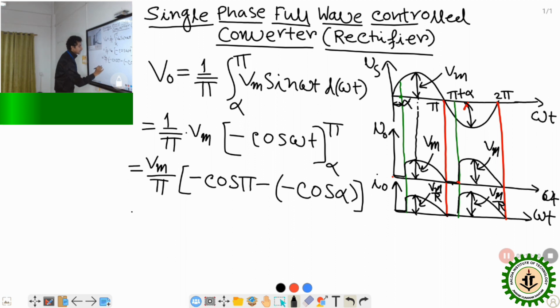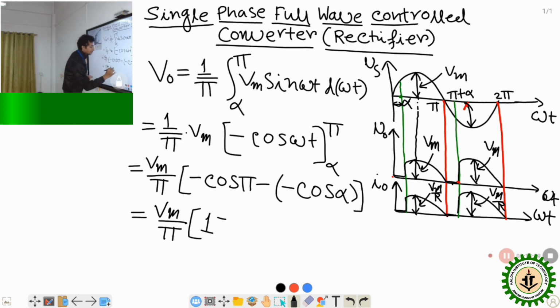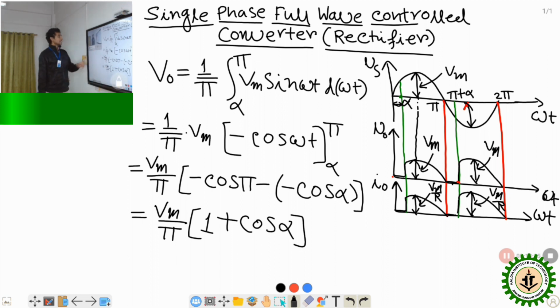Cos pi is minus 1, so minus cos pi is 1. Minus of minus gives plus cos alpha. So as we can see, output voltage V0 is Vm by pi times (1 plus cos alpha).